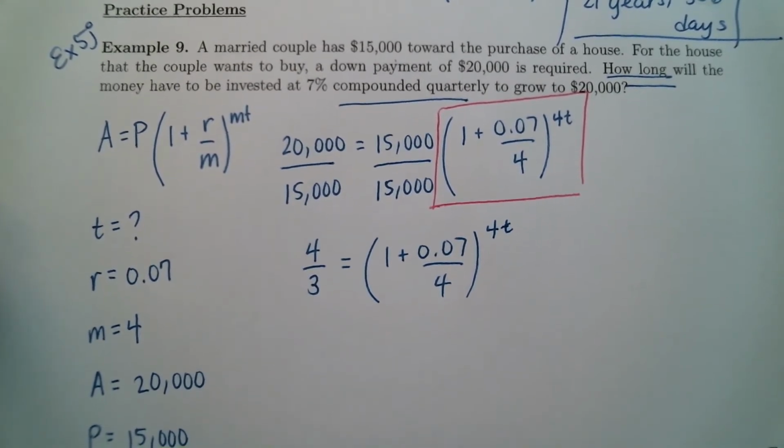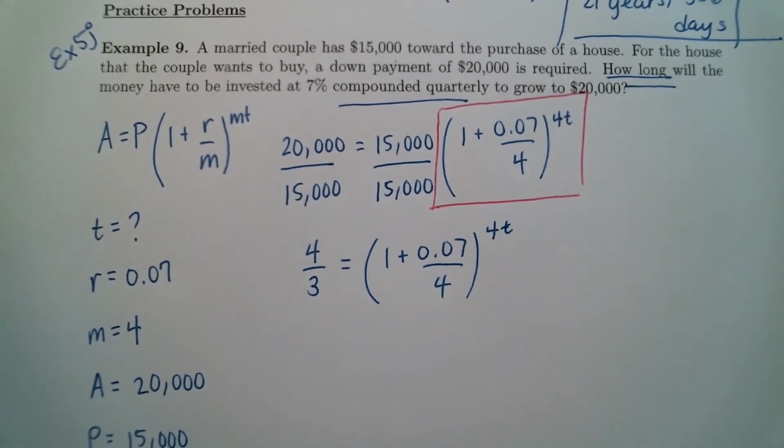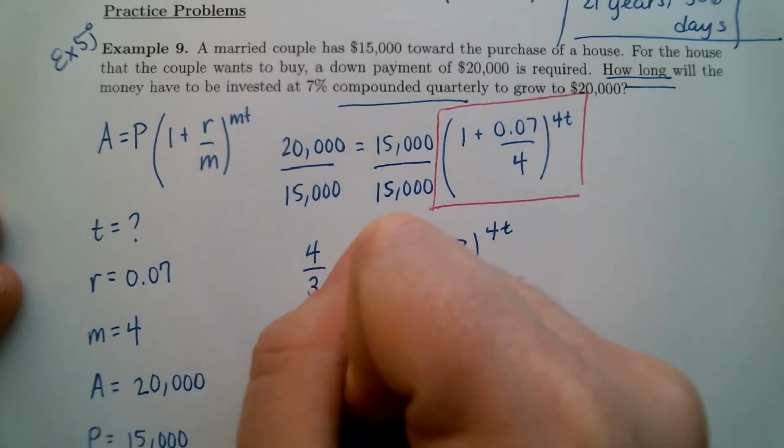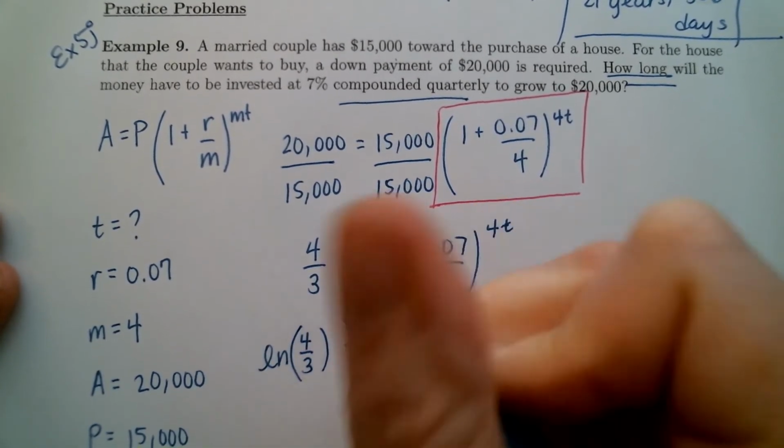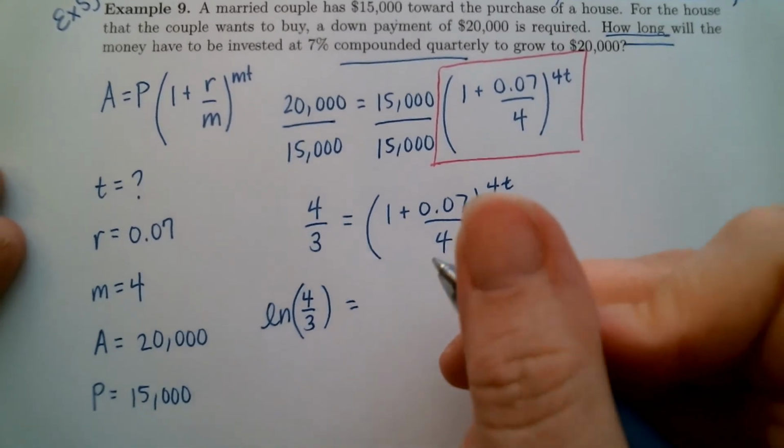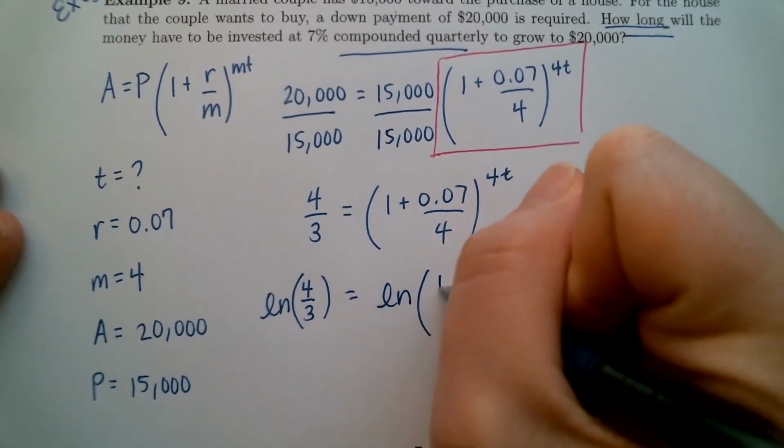Once you've got it isolated, your next step is to take the logarithm. You're taking the logarithm so that you can bring the t out of the power. So we're going to go ahead and, like I said, use natural log here for everything in this class. We're going to take the logarithm of this side, so whatever you do to one side, you have to do to the other.